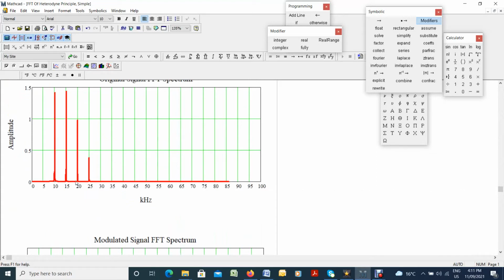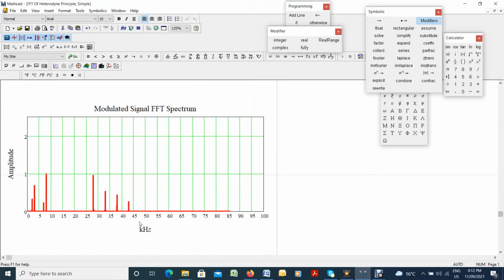What happens is the whole spectrum shifts towards 0, and since these two are lower than the modulating frequency, you can think of them as sliding past 0 into the negative frequency region, but for our practical intents and purposes, they flip over back into the positive frequency region, just like here.